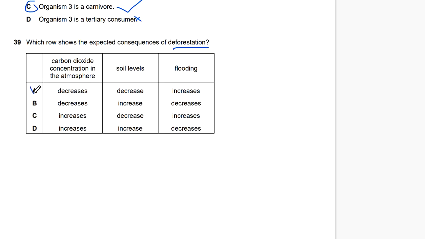So let's remove choice A and choice B. The soil levels, because of soil erosion, it will also decrease, and flooding increases and not decreases. So the correct answer for this is letter C.